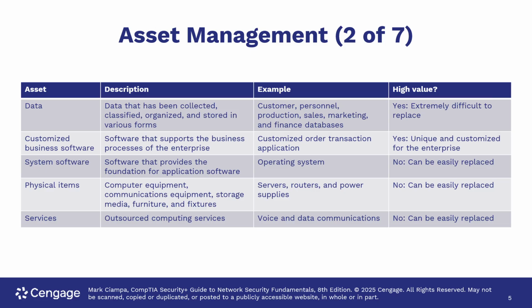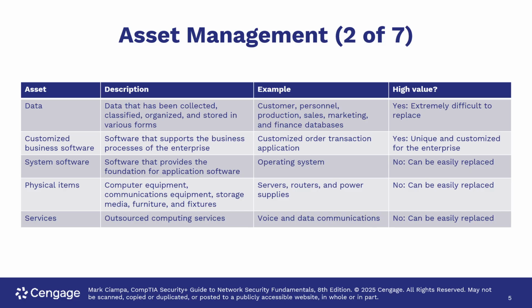So the different types of assets: data that's been collected, classified, organized, and stored in various forms. Customized business software, software that supports the business processes of the enterprise. And system software, software that provides the foundation for application software.